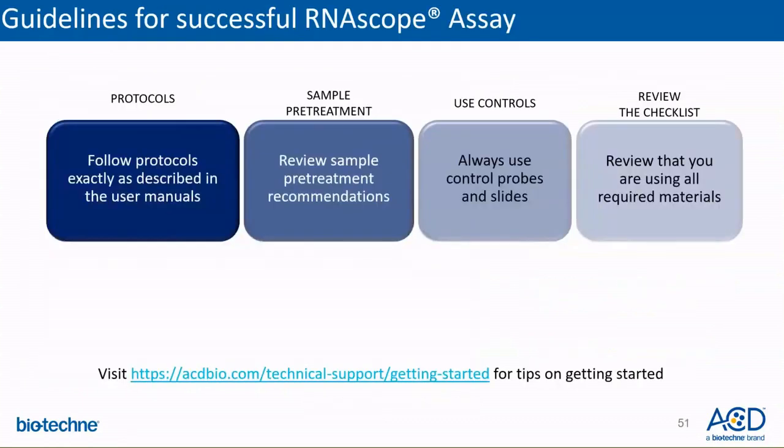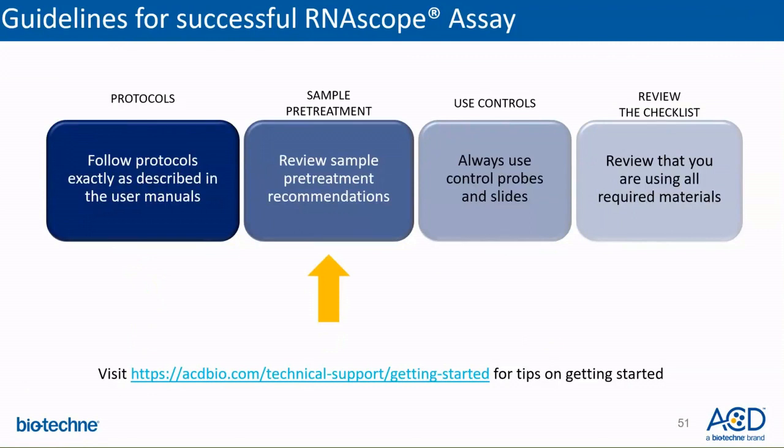This slide summarizes the general tips that we discussed to ensure success with RNAscope assays. First, follow the protocols. We have various protocols with necessary details to help address the best way to run the assay. Next, sample pre-treatment is very important to ensure that you get optimum RNAscope signal.